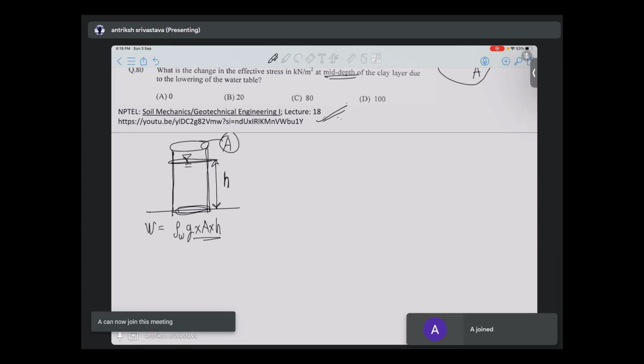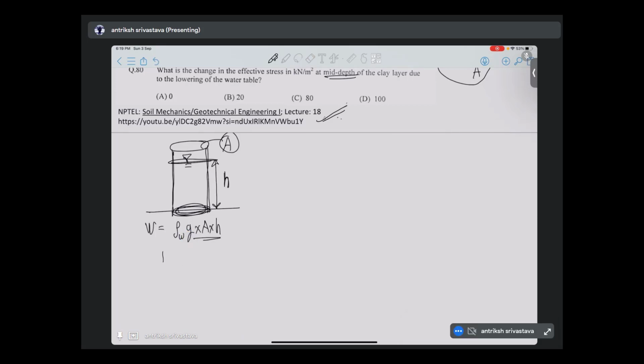Now weight per unit area. We have the area as A, so we have to divide rho g A h by A. The pressure will be weight per unit area, so it is rho g h. Sometimes in soil mechanics we write it as gamma w h, where gamma w is nothing but rho g.